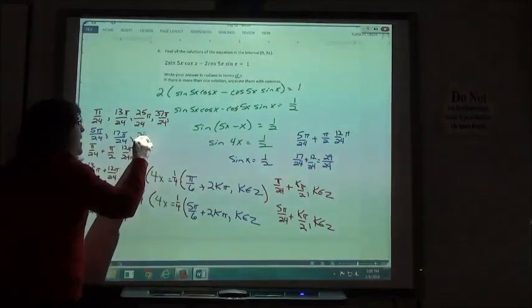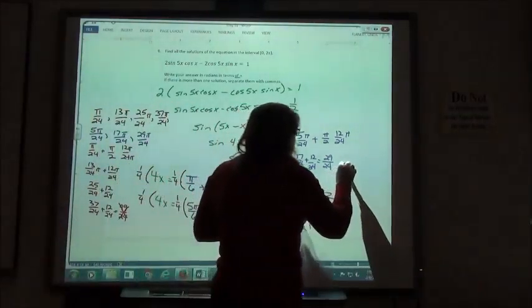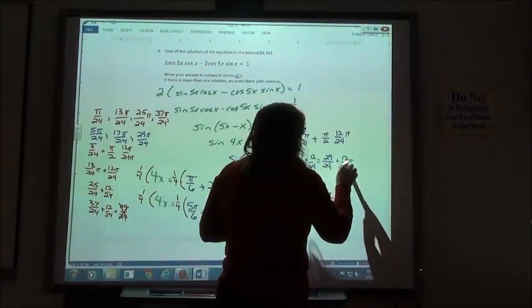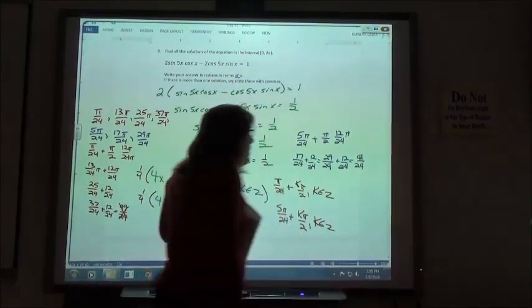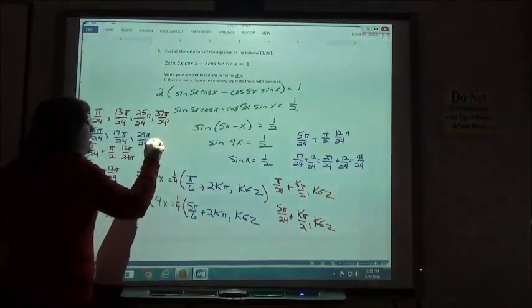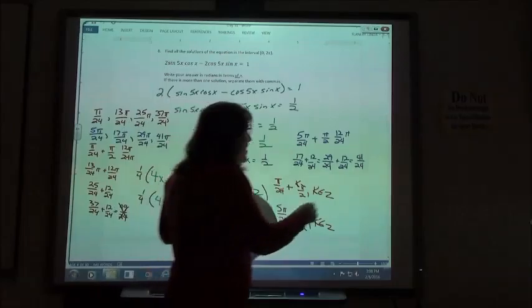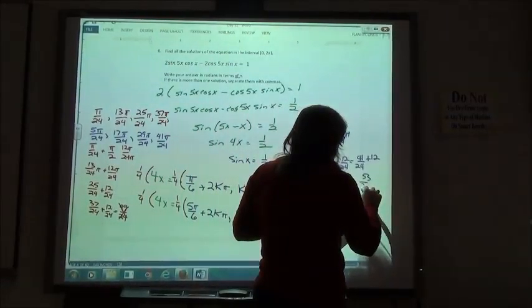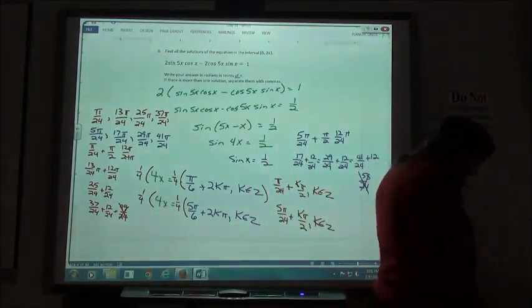So 29 pi over 24 added to my list, plus 12 24ths again would give me 41. That's still small enough because 48 would be too big. 41 pi over 24. And then if I add another 12, I'm going to be at 53 24ths. That one's going to be too big for sure. So I'm going to have 8 answers.